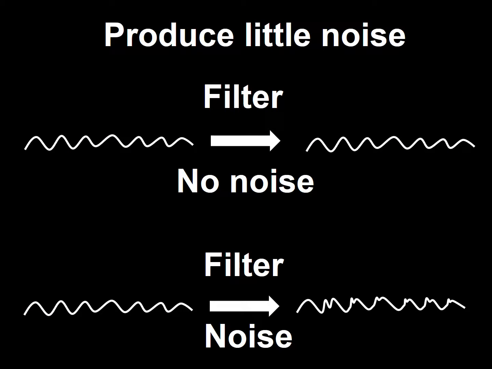Another quality of a good filter is to produce little noise, so as to not contaminate the signal of interest with additional signals generated by the inner functioning of the elements used to construct the filter.